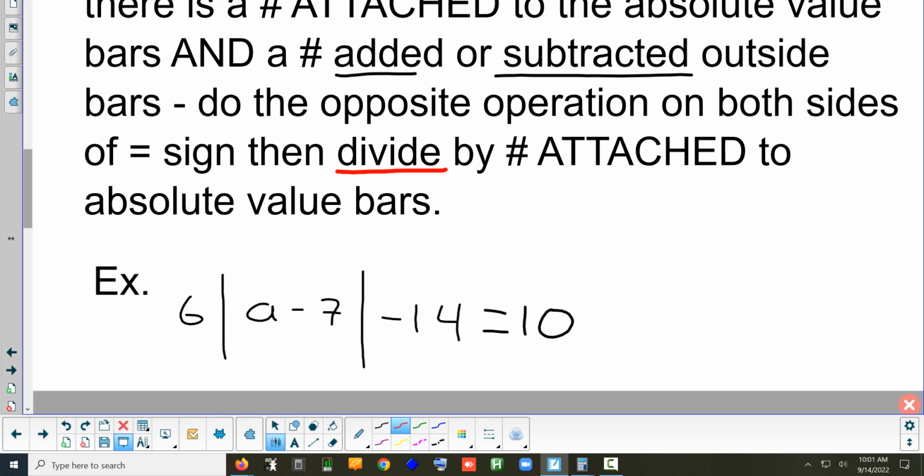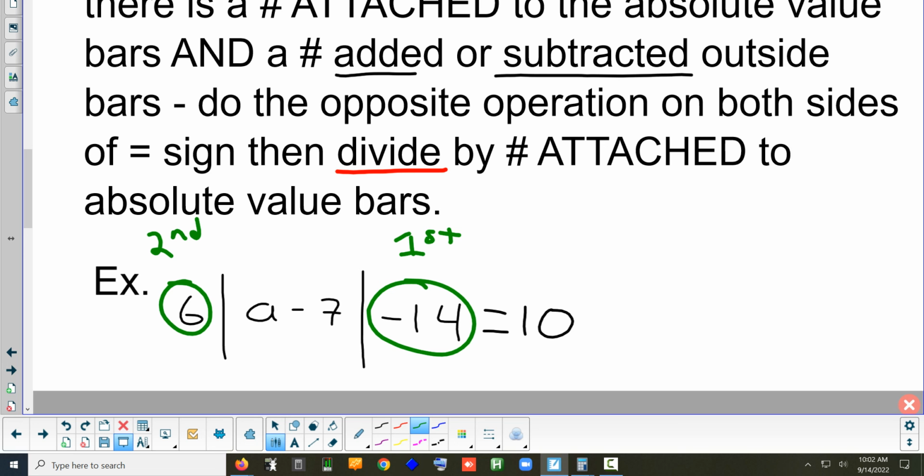Okay. So with this one, two things I don't like. I don't like the 6 that's attached, and I don't like this minus 14. All I want on the left-hand side are the bars. So I have to get rid of both of them. Do this one first, and then we're going to do this one second.